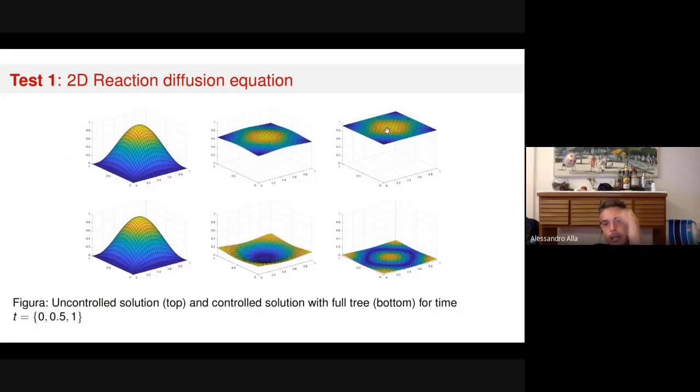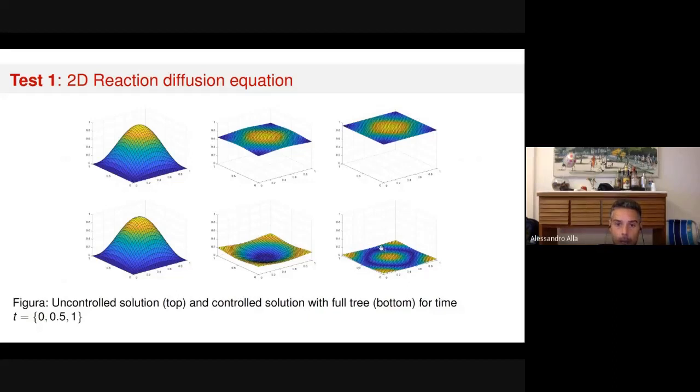So you see that 1 is the stable equilibrium for this problem. What we want to do is reach the unstable equilibrium, which is 0.